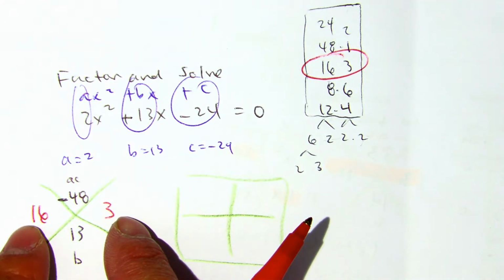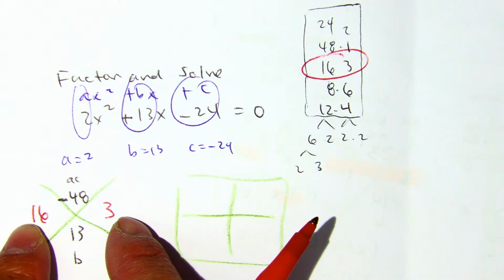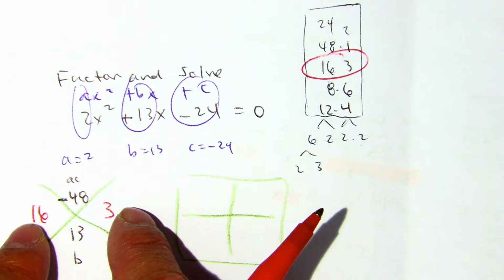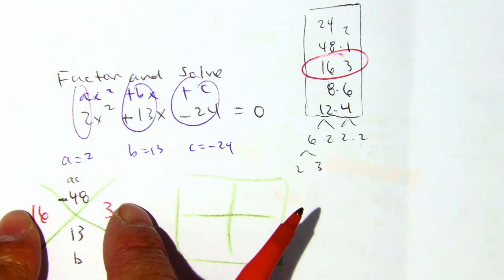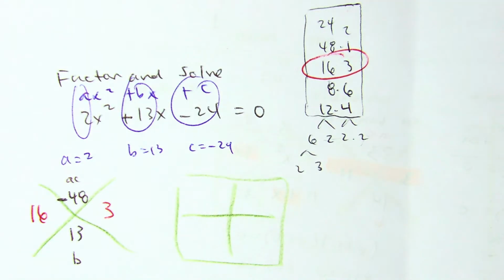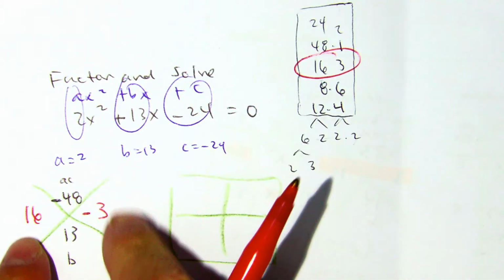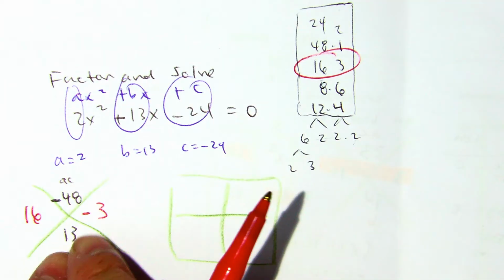One of these or both of these could be negative. Partner B, tell partner A which combinations of negatives and positives will multiply to negative 48 but add to be 13. Michael? Changes to be negative 3. That multiplies to be negative 48 but adds to be 13.